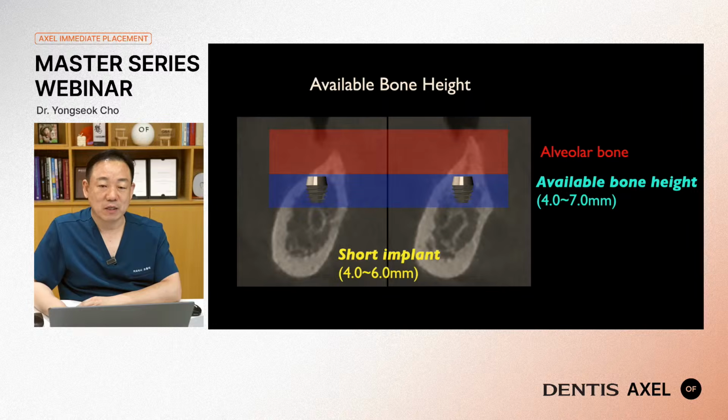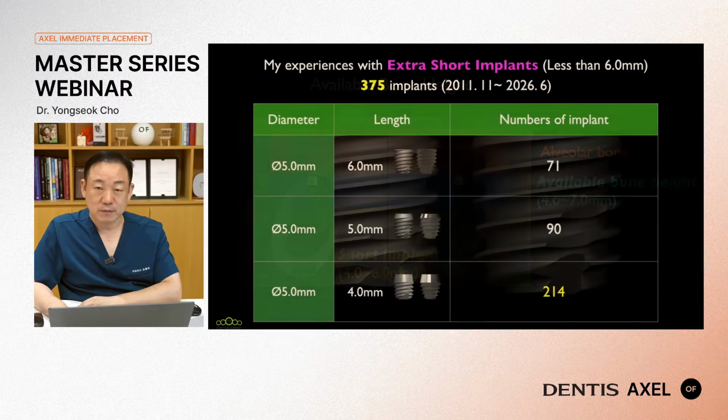Especially, I prefer 4 millimeter extra short implant, which has 2 millimeter bevel on top. Actual thread height is just 4 millimeter. This is very useful in severe bone resorption case.